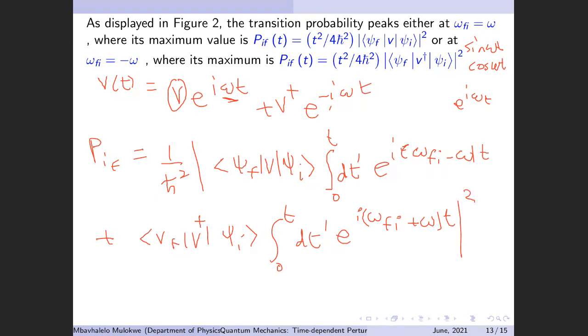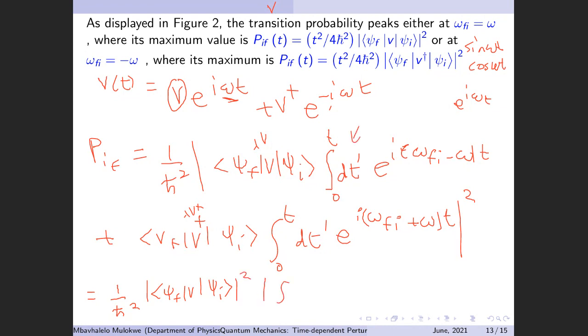Now, when you square, remember that this V is a perturbation, so if you want to write everything out properly, it's lambda, which is a very small number, multiplied by V. Similarly, lambda multiplied by V dagger. So once you write everything out, you get 1 over h bar squared, mod squared of psi final V psi initial. So you get the square of that term.